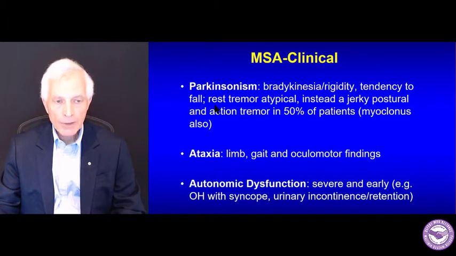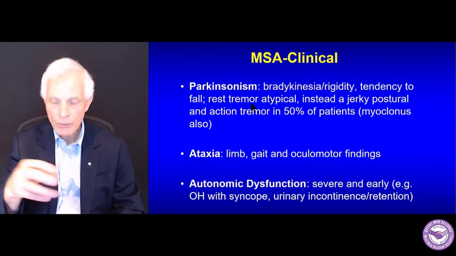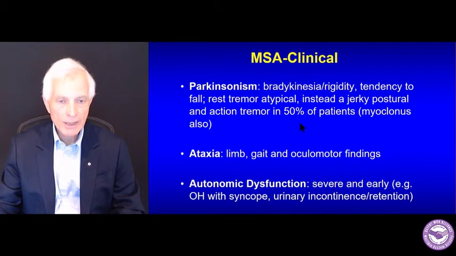Unlike Parkinson's disease, the tremor at rest is far less common. So you've probably seen patients with a shake of their hand when they're resting it in Parkinson's disease. Instead, in multiple system atrophy, patients can show, in about 50%, a jerky tremor when they use the limb, when they're holding the limb out or when they're moving. And that's different from the typical resting tremor of Parkinson's disease.